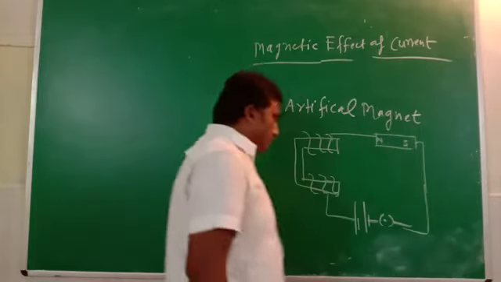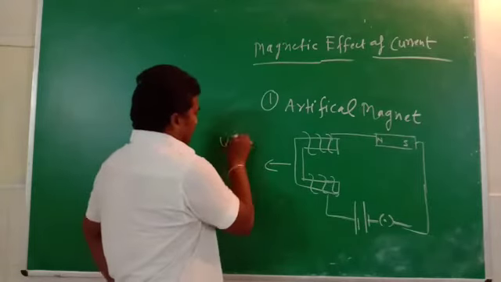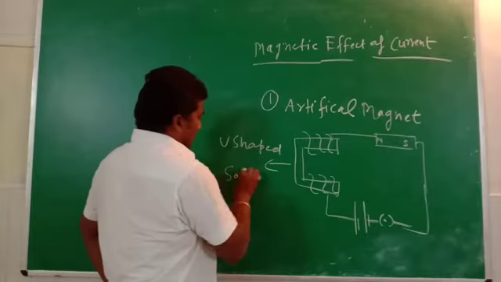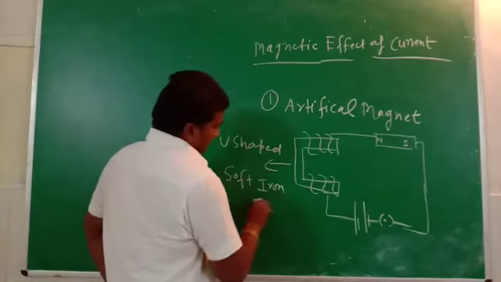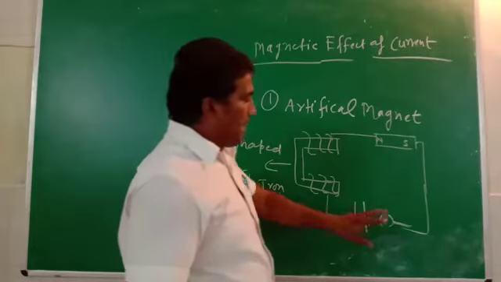Now observe the total circuit. It is a U-shaped soft iron plate, and it is connected with the battery and key.